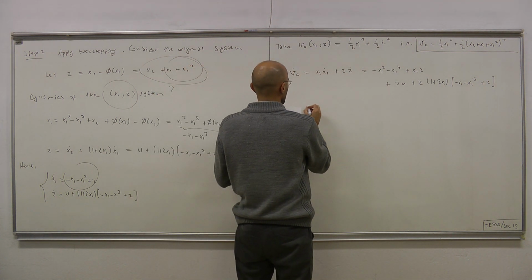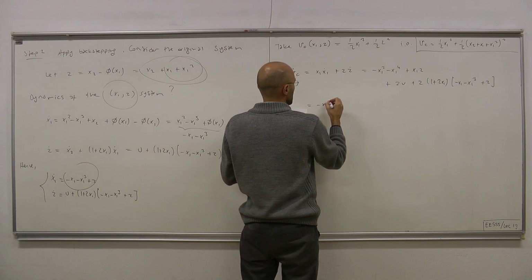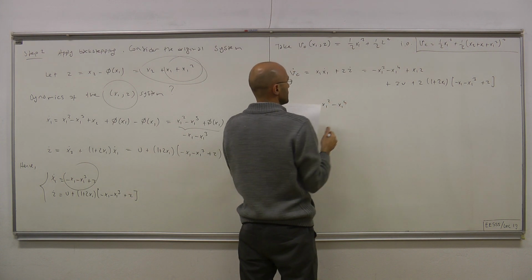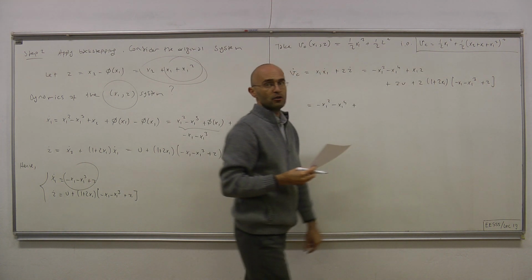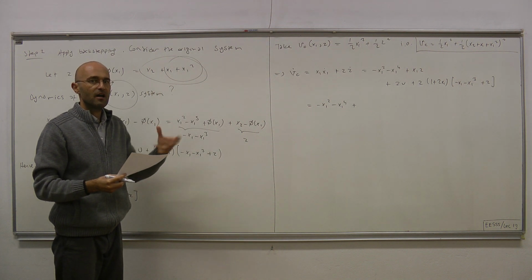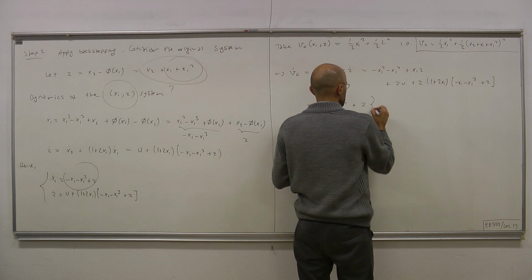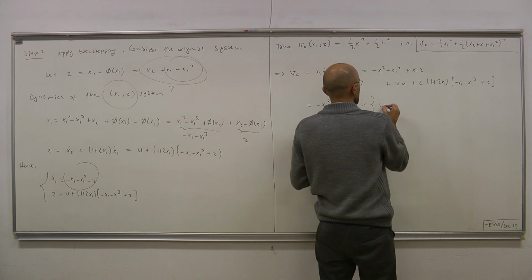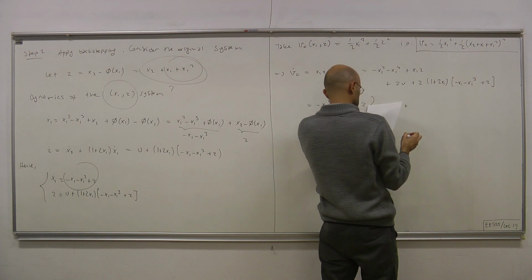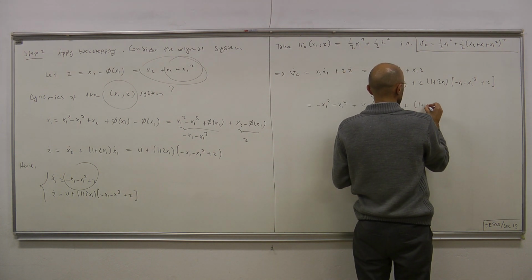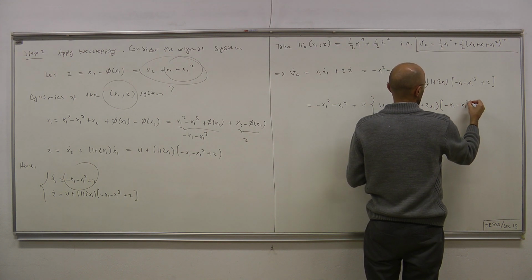Then that equals minus x1 squared minus x1 to the 4, and we can write the remaining terms as z times something: z times (u plus x1 plus (1 plus 2x1)(minus x1 cube plus z)).